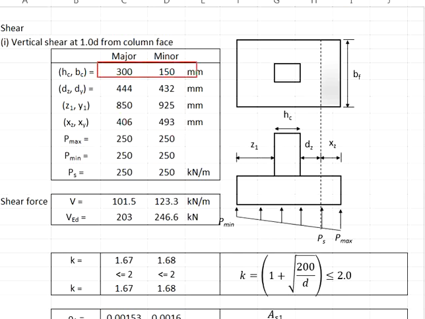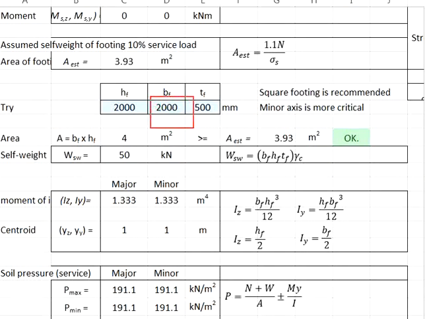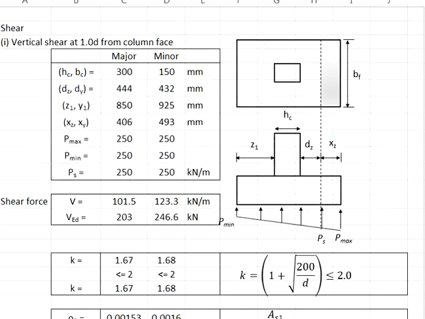Since the column is not square, this is going to alter the Z or the Y. Eventually it gives you another width here for you to determine the shear force. Imagine you look from this side: your pad footing's width, which is 2000 mm, minus the column width, which is 150.